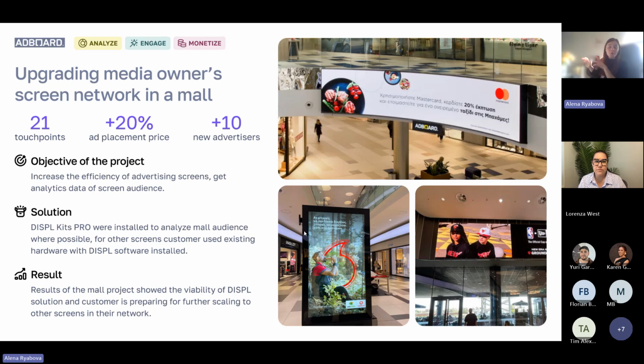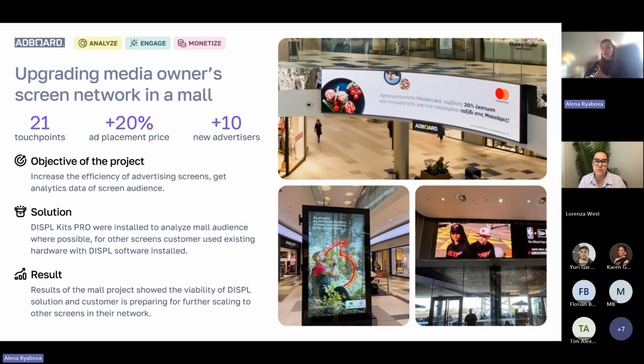That is why the price on this screen will be higher. So they get more margin. But what is also important is that when I, as an advertiser, come to them and say I only do perfume for women, for example, I don't need any men watching my screen, because that's just a waste of money for me. With this sensor collecting analytics, they can show their ads only to women, save money for the advertiser, and get a competitive advantage among other media owners.